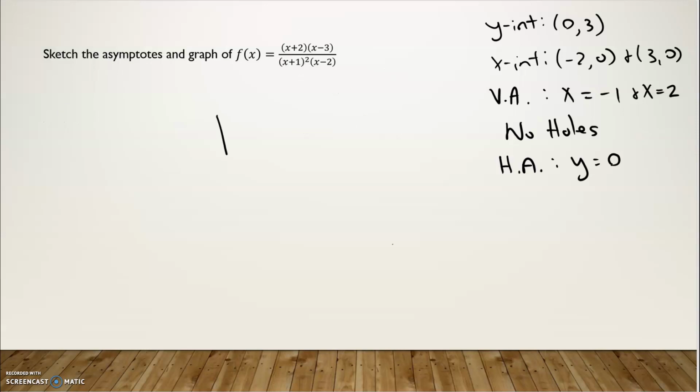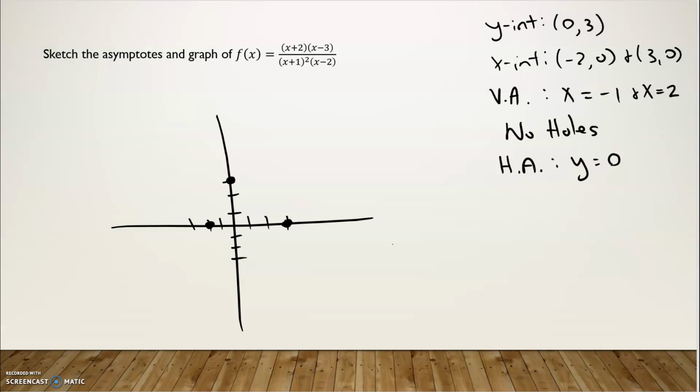Now let's just plot what we know. So I'm going to go out 1, 2, 3, in each direction. Okay, so I have a y-intercept at (0, 3), so right here. Two x-intercepts, one at negative 2 and another one at 3.